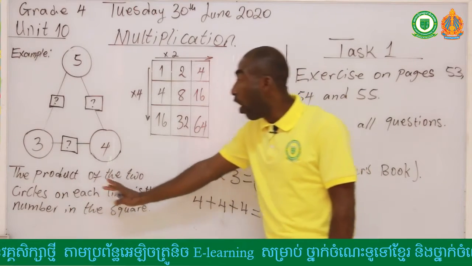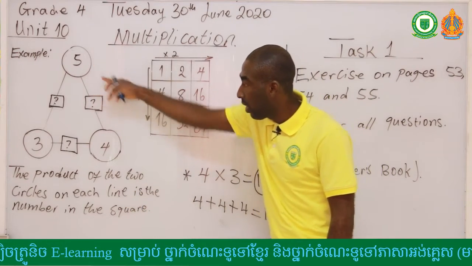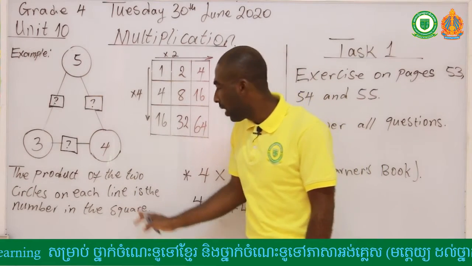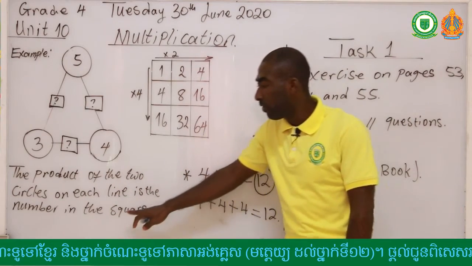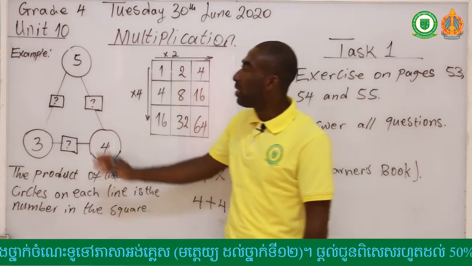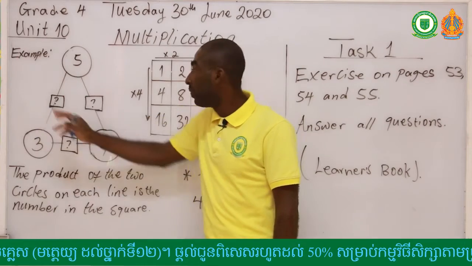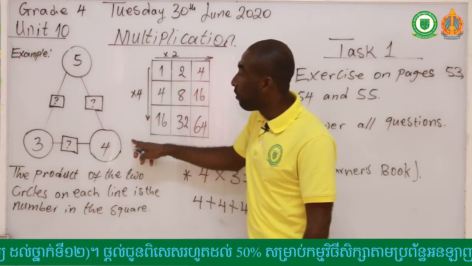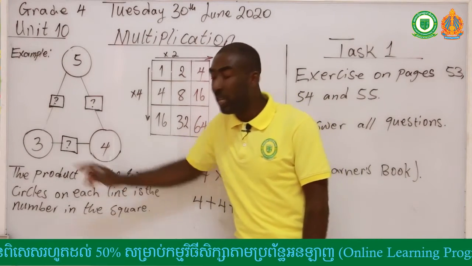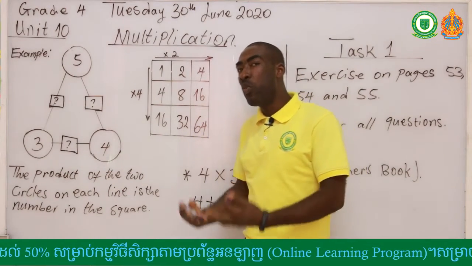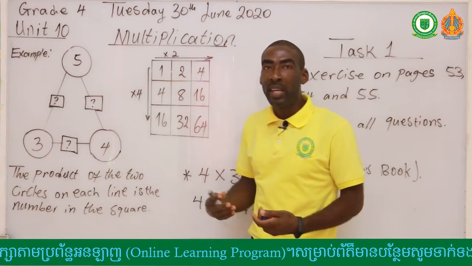The product of the 2 circles on each line, so these are the lines, on each line is the number in the square. That means the product of 5 and 3 will be the number here. The product of 5 and 4 will be the number here, and the product of 3 and 4 will be the number here. So this is the way that you can use to understand any diagram or chart whenever you have it.